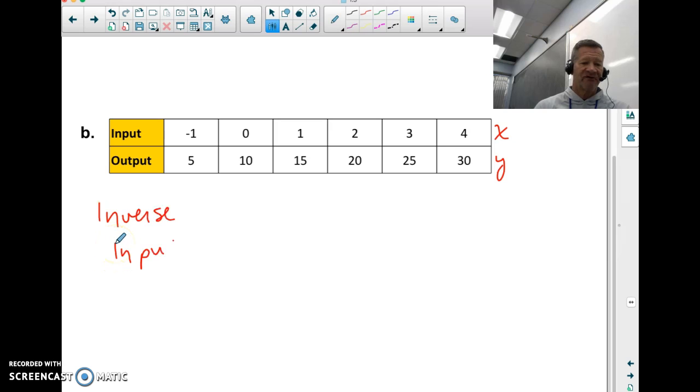The inputs of the inverse are the outputs of the original relation, and the outputs are the inputs of the original relation.